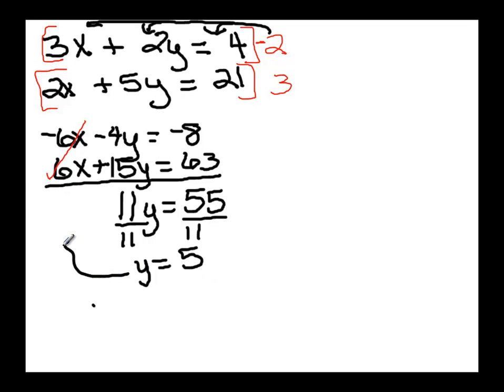Then, of course, we want to plug this back in, and we don't want to plug it back into where we've multiplied and messed with it. We want to plug it back into one of the original equations, and I always just choose the top one for ease. So I'm going to plug in the 5 for the y, so that's 3x plus 2 times 5 equals 4.